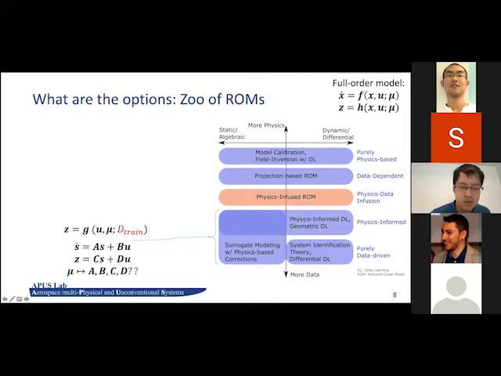And on the dynamic side, we might be thinking in terms of identifying a dynamical system that emulates the dynamics of the full-order system. Since we are thinking in terms of an input-output problem, we don't need to worry about what's in the state.